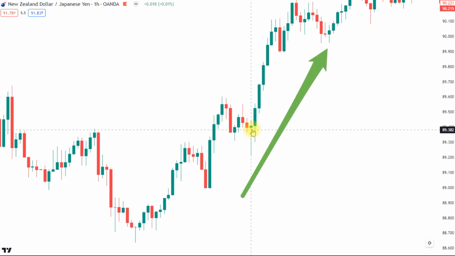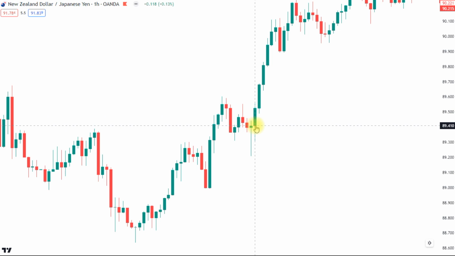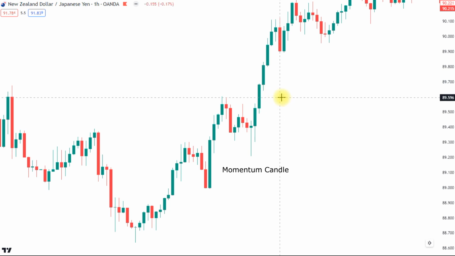So probably there are new long positions opened and short positions from the downtrend before closed. That's what this candle is telling us, and after that momentum is gained, which brings us to the third candlestick pattern which I want to show you, and that is the momentum candle.